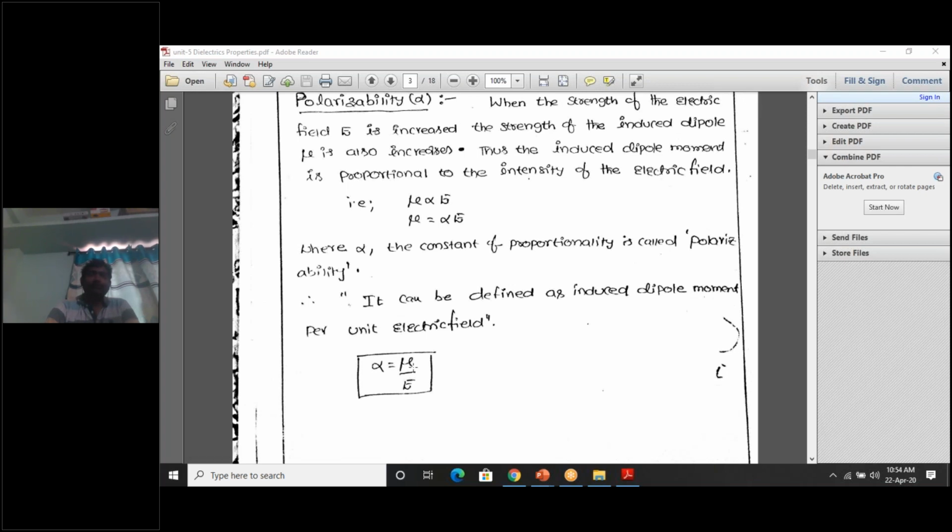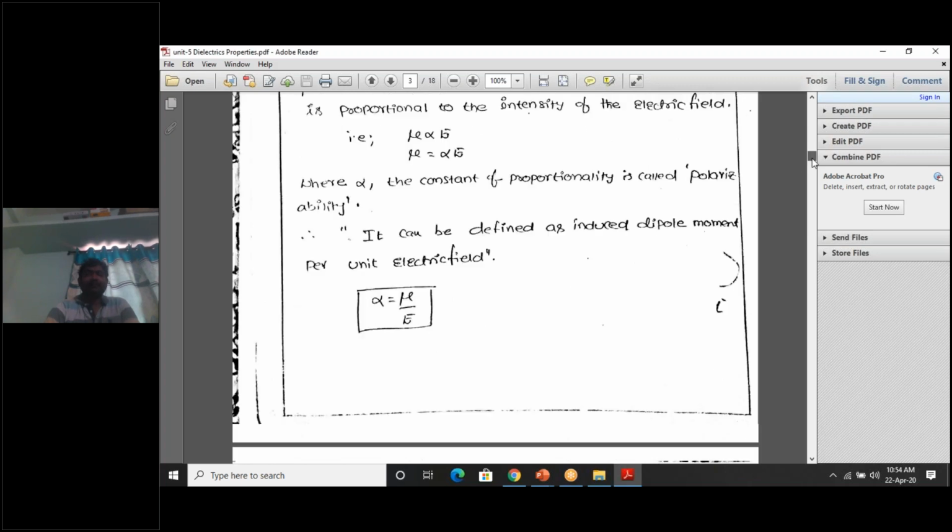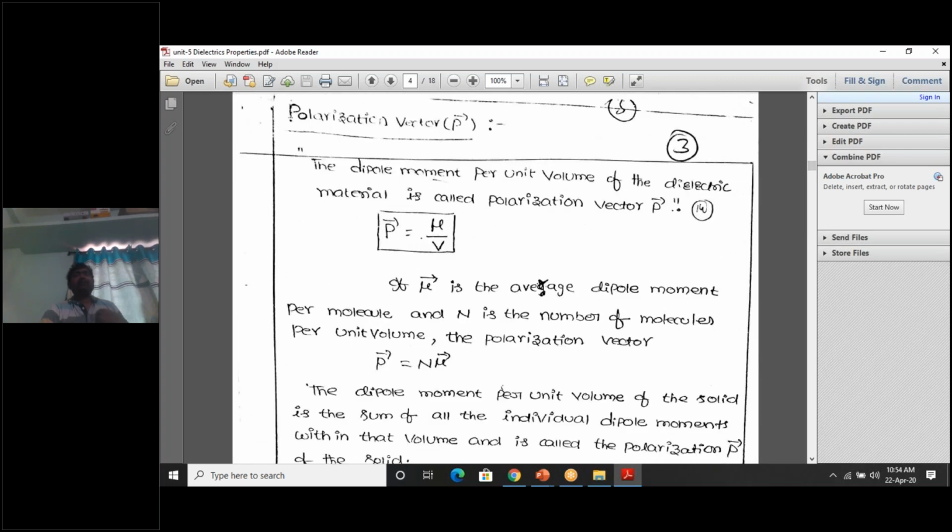The dipole moment mu by electric field is called polarizability alpha. Next, the polarization vector. Mu by E is called polarizability, whereas mu by V is called the dipole polarization vector.